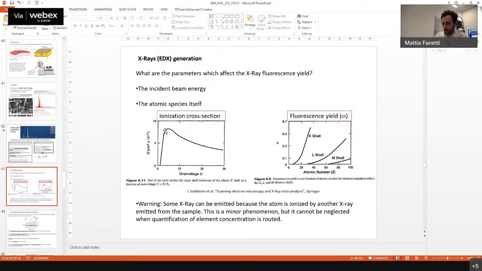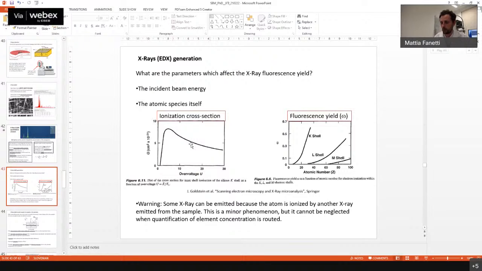Then it starts, and it has a maximum at about 5 times. So if you are, for example, studying the oxygen emission, whose absorption edge is at half a kilovolt, you will have the maximum of the ionization cross-section at about 5 times, so 2.5 kilovolt.